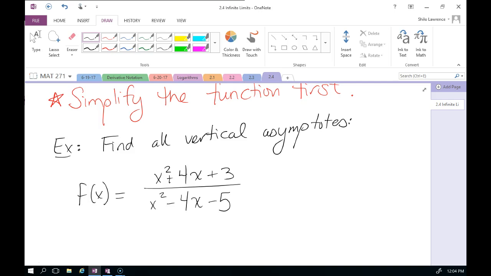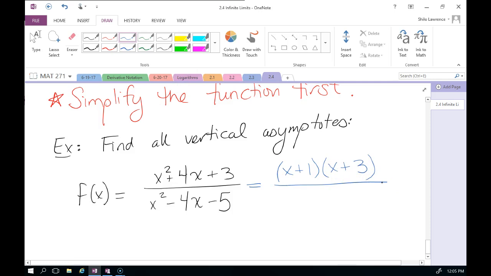We could fix it. So the first thing I'm going to do is get this all factored out and see if I have any common factors in the numerator and the denominator. So my numerator, x squared plus 4x plus 3, is going to factor to x plus 1 times x plus 3.